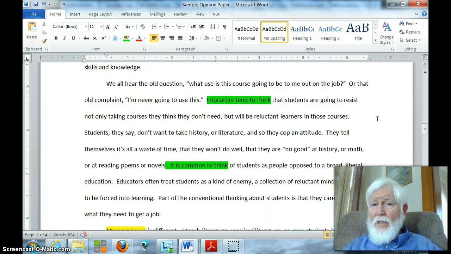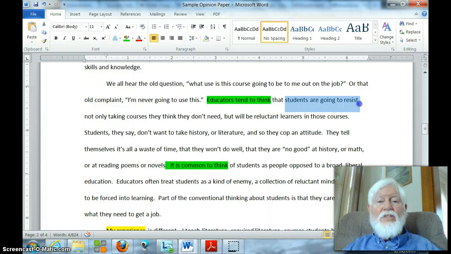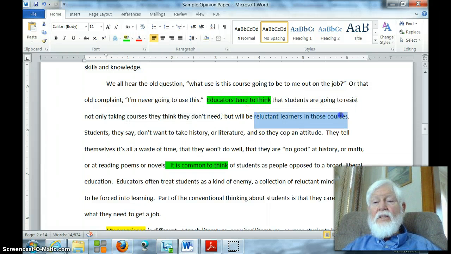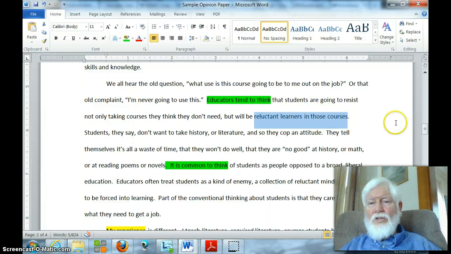More specifically still, it is what educators think about that issue, the liberal education and career. And now, even more specifically, we have educators tend to think students are going to resist taking courses they don't need, and they will be reluctant learners in those courses.